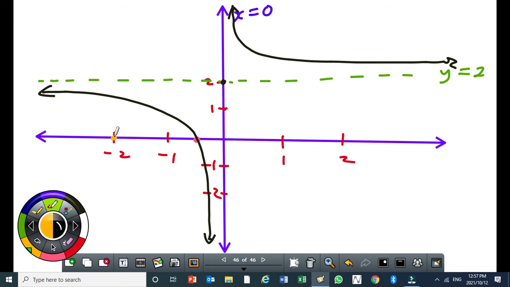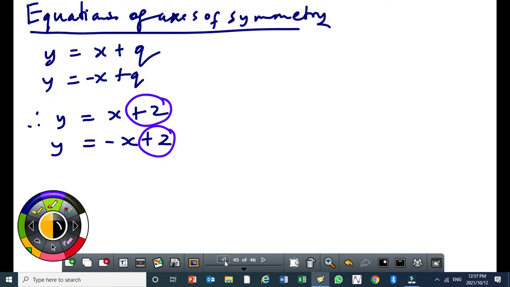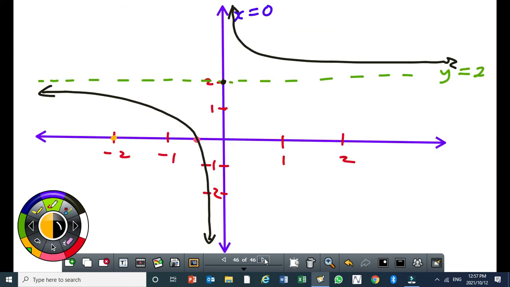But when you draw yourself, you must not use a solid line, okay? Then, for the second one, if I put y equal to 0 here, I'll get x equal to 2, which is this point. So the one with the positive gradient goes this way. The one with the negative gradient goes that way.